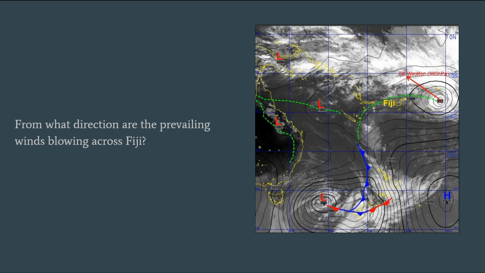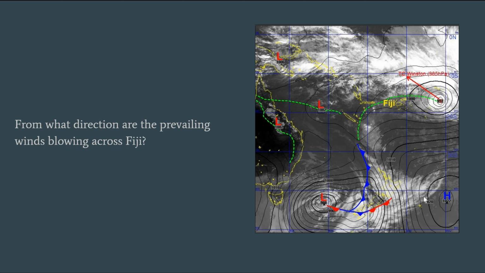Okay, so we can see that across Fiji, the winds, so Fiji is located below the equator in a tropical region, between 10 to 20 degrees south. And we can see that the winds blowing across Fiji are likely to be blowing from the east.